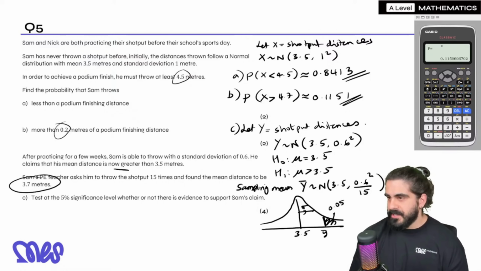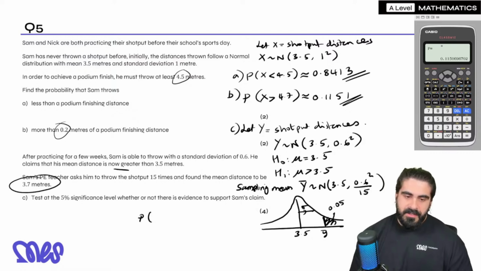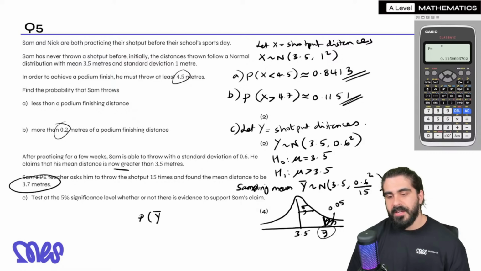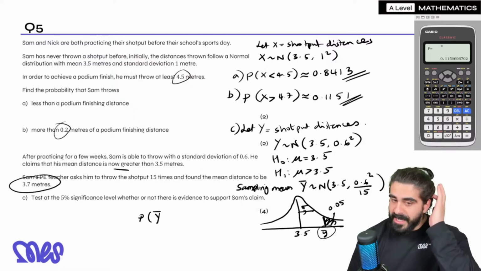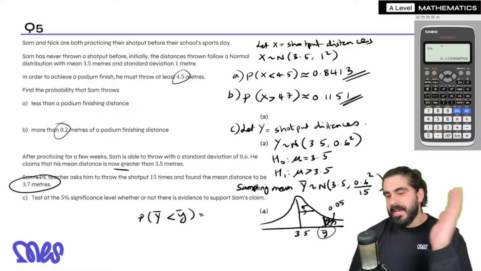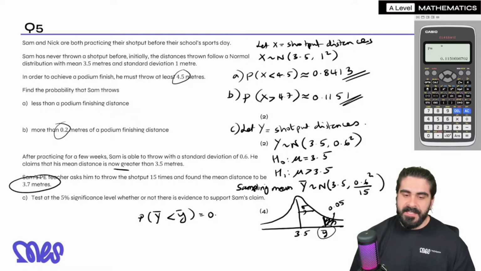And it also practices all our different skills with the normal distribution. So we would say the probability that capital Y bar, now remember, if we want to do the inverse normal to find what's on the x-axis, you need a cumulative statement, so less than y bar. So if greater than would be 5%, less than would be 0.95.